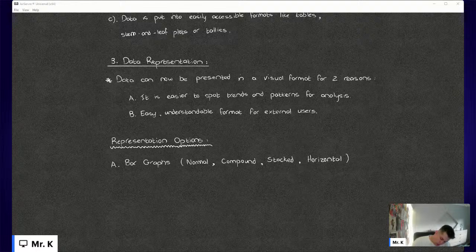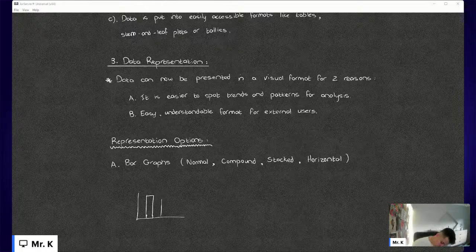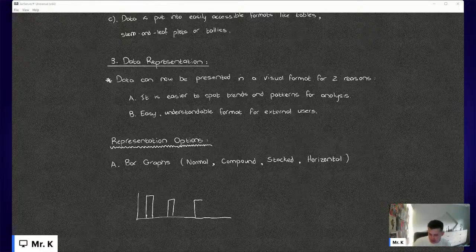What does a normal bar graph look like? It's just normal bars, right? What does a compound bar graph look like? This is when we have multiple bars attached to one another, right?